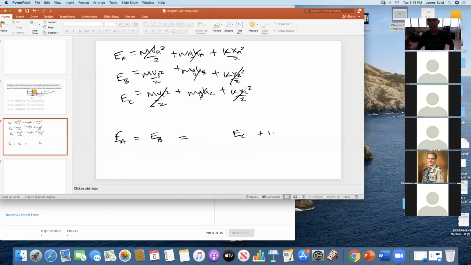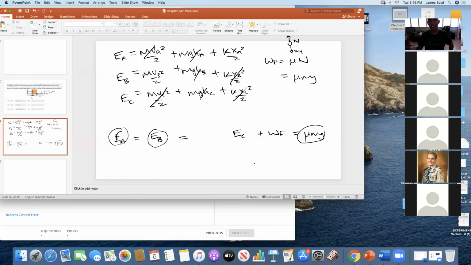That means we have to add the work done by friction. And the work done by friction is mu N. N for a block on a surface is mg, right? So this is mu mg. Now EA is equal to EB, and they're both equal to mu mg. The amount of energy here and the amount of energy here gets used up here as friction.